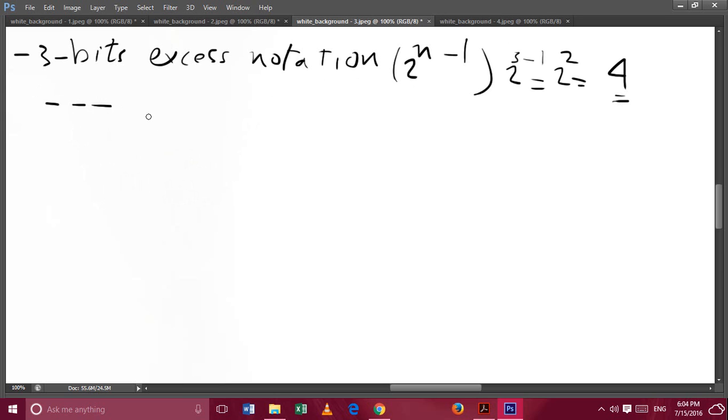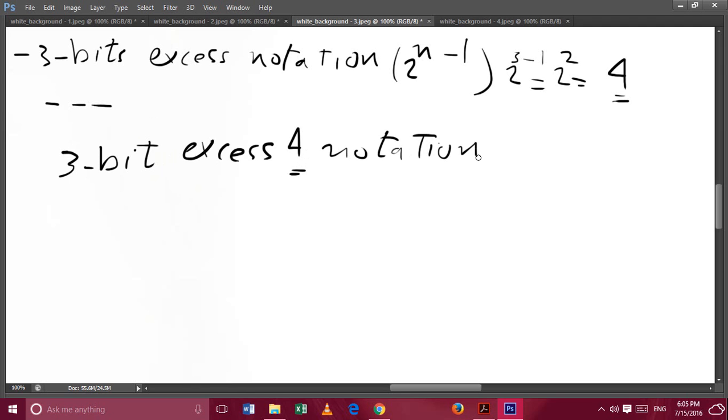So usually 3 bits excess notation could be written like this: 3 bits, excess 4 notation. How is that useful? We will need this when we convert from decimal to excess and vice versa.